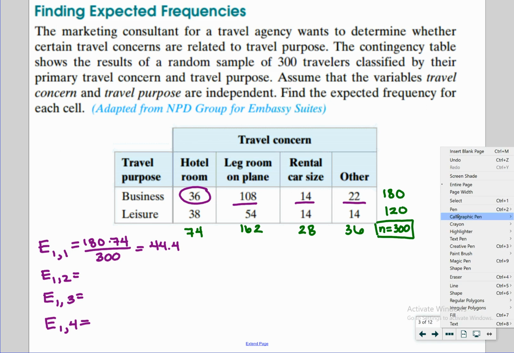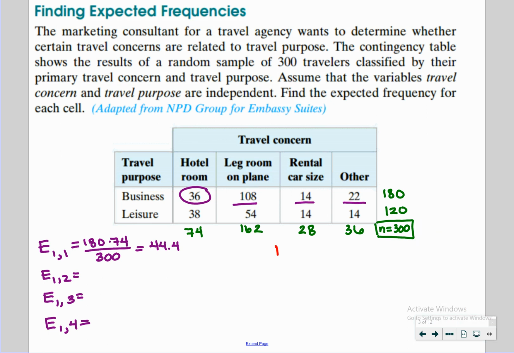And then on the bottom, row 2, column 1, row 2, column 2, row 2, column 3, and row 2, column 4. Remember, rows go across, columns up and down. Okay, so take a minute, finish out the rest of these expected frequencies. I'll give you a minute. Maybe we'll put them on the board even.